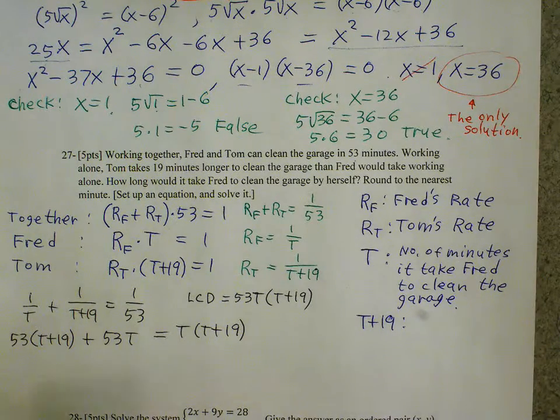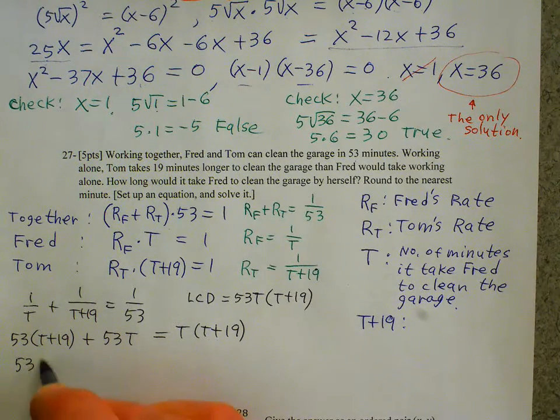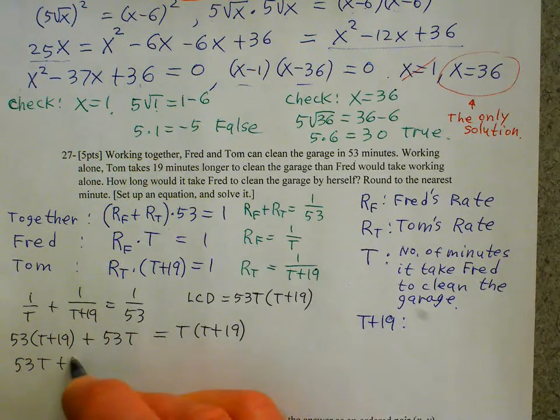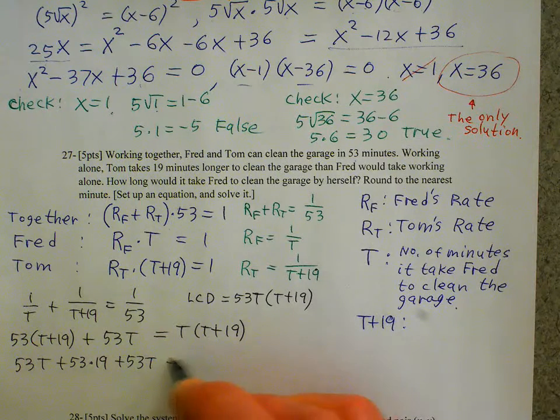Hey, this is a quadratic equation, so multiply everything out. 53t plus 53 times 19 plus 53t equals t squared plus 19t.